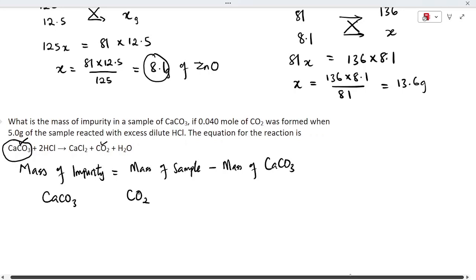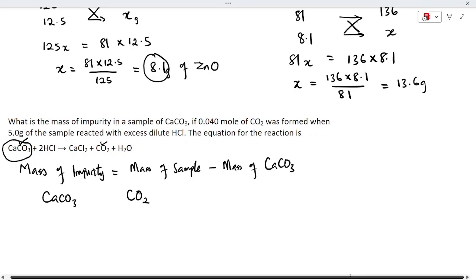That means we can either solve the question using mole ratio, or we can solve it straight away as mass. If our answer was required in number of moles, we would have solved as number of moles. But because our answer was required in mass, we can simply solve it as mass.